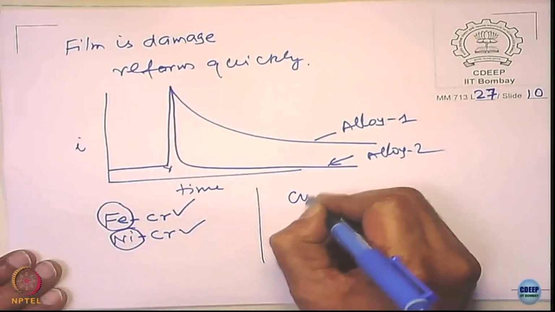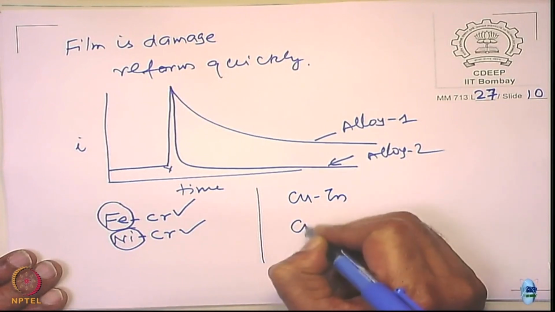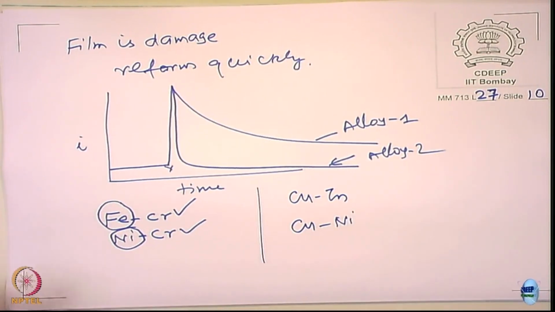So those cast irons which have more nickel will be better than the nickel free cast irons. So broadly you can say the same is true in this case also, right? You take copper zinc and copper nickel, right?